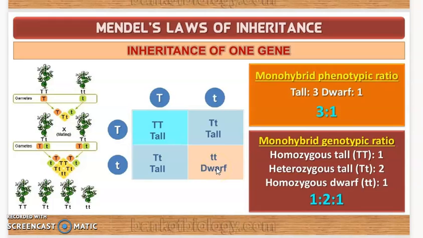So from this we can infer that when the tall plant and the dwarf plant produce gametes, they do so by the process called meiosis. The tall plant producing gametes will have only capital T in its gametes. In the same way, if a dwarf plant is producing gametes, only small t will be present in its gametes.